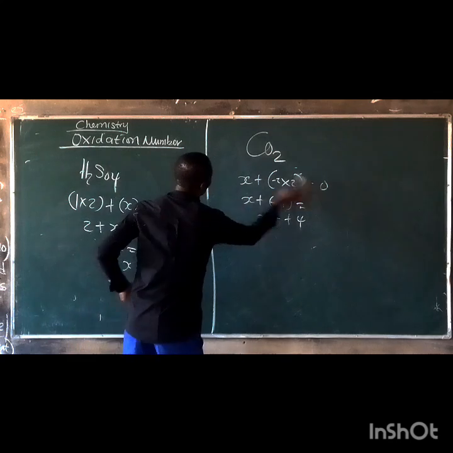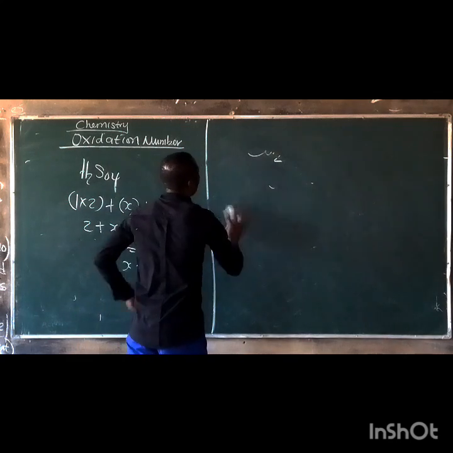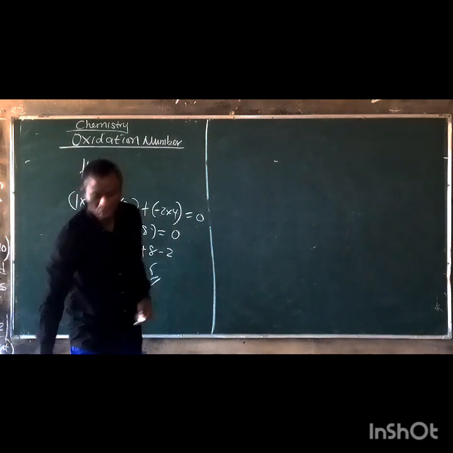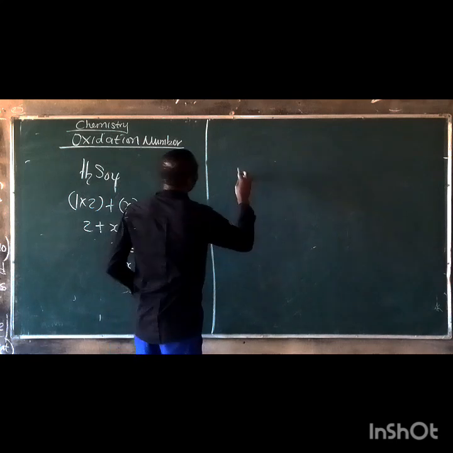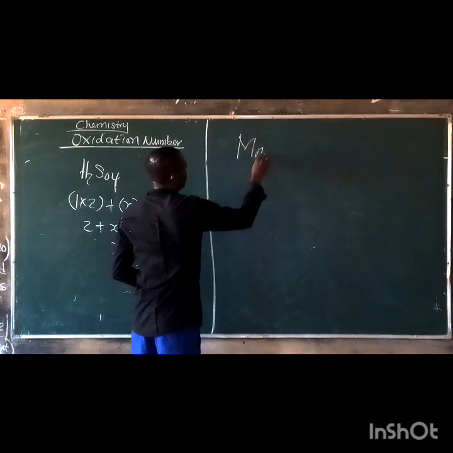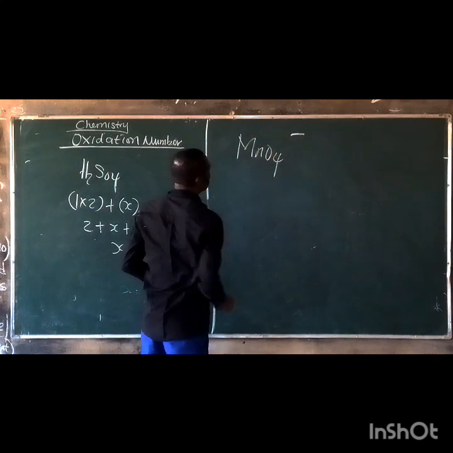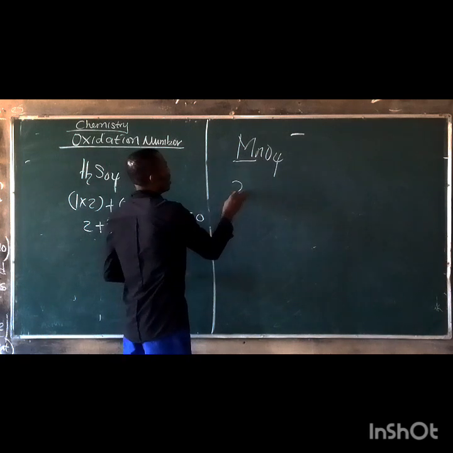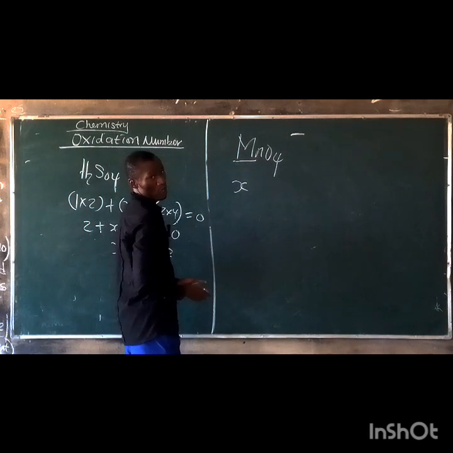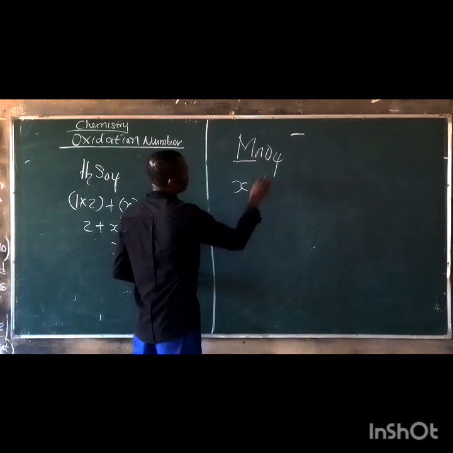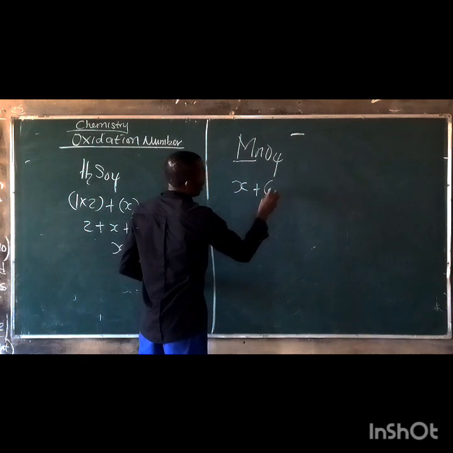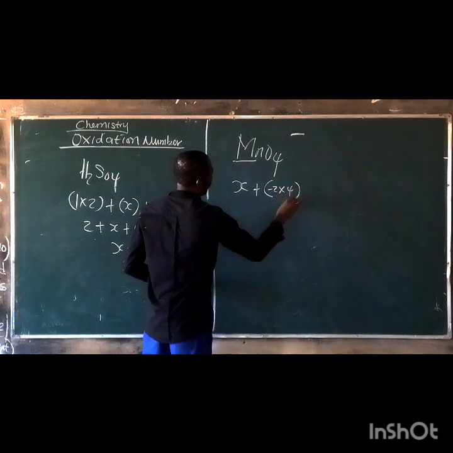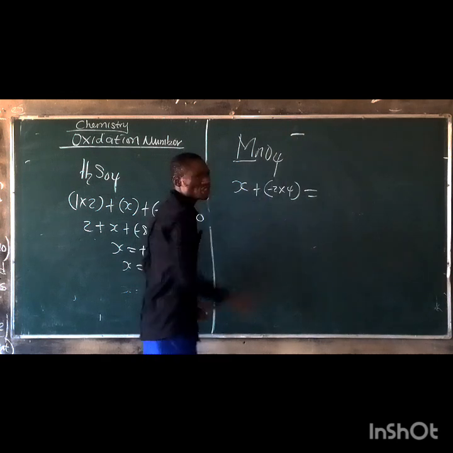Let's look at some polyatomic ions questions. Let's look at this one. What's the oxidation number for magnesium? Okay, we don't know that. Magnesium is X. So we know that oxygen is minus 2. Minus 2 times by 4 is equal to the overall charge.